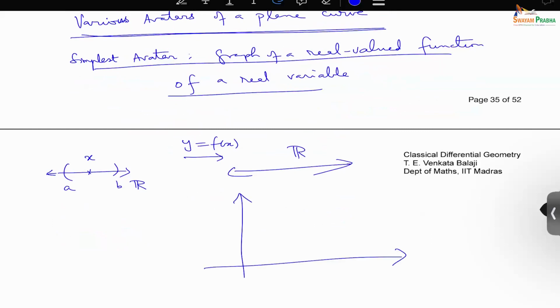You have this interval from a to b on the x-axis, and for every value x, you take the point with the y coordinate f of x. So you get this point (x, f(x)), and this is the graph, which is going to give you a curve. So the simplest avatar of a curve is just the graph of a real valued function.